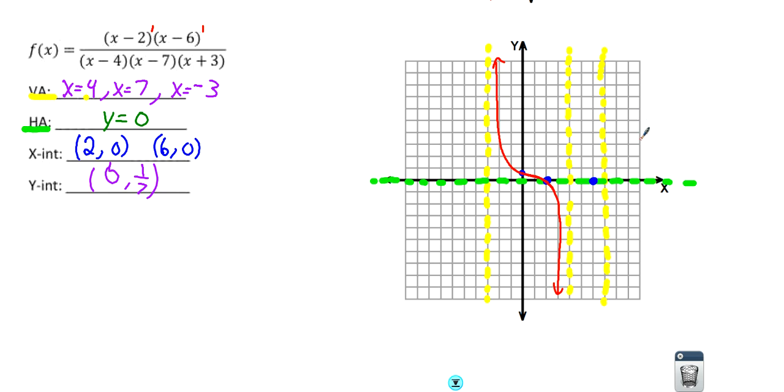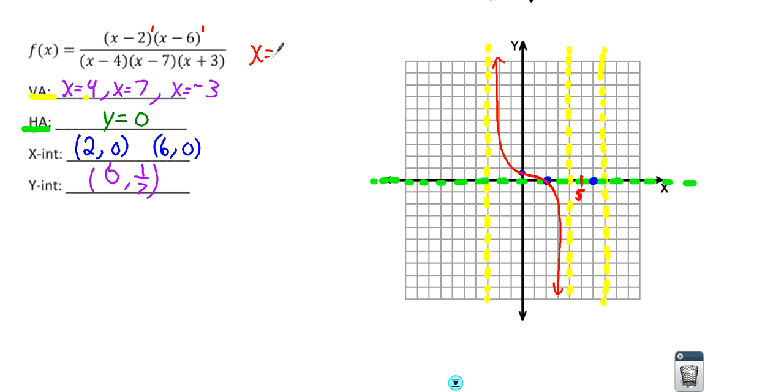So those two I'm going to have to plug in points, and the same thing right here, I'm going to have to plug in 1, 2, 3, 4, 5. Okay? So I'm going to have to do this 3 times, or I'm going to have to plug in a point and find out where my function is. And again, remember, it doesn't matter what the value is so much as what the sign of it is, because everything up here is positive and everything down here is negative. So let's start with that.